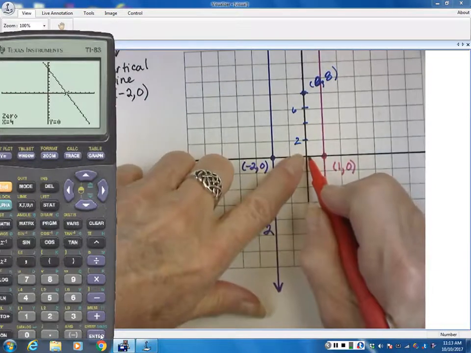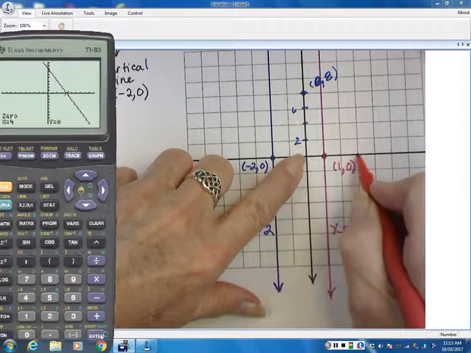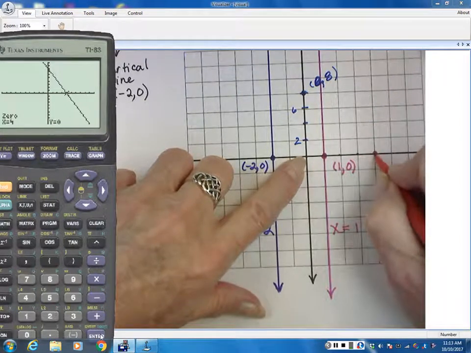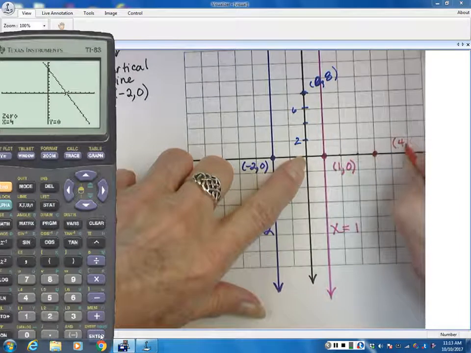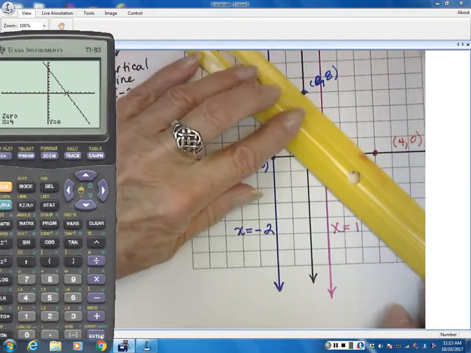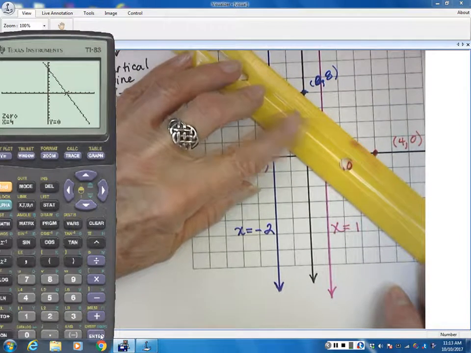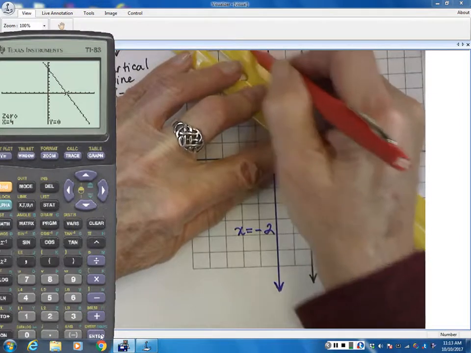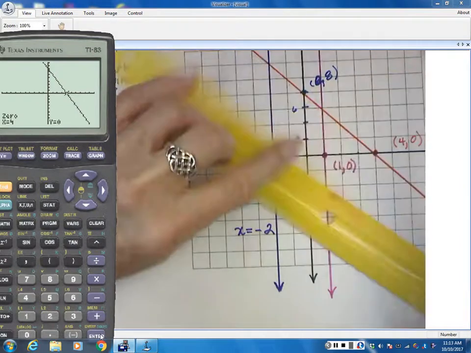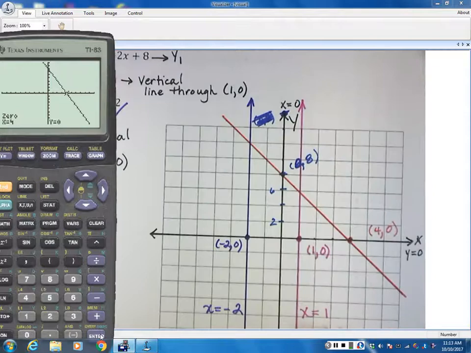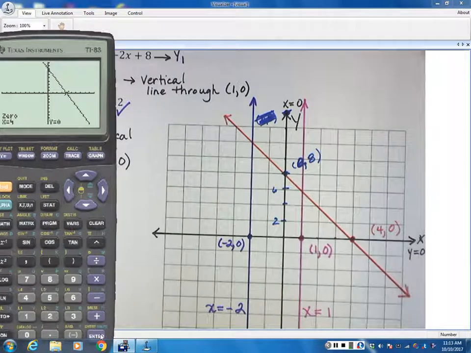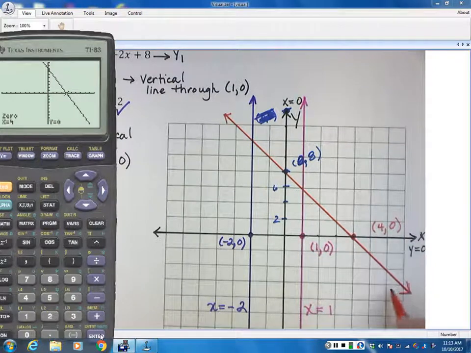So 0, 1, 2, 3, 4. So then that line is the graph of the line y equals negative 2x plus 8.